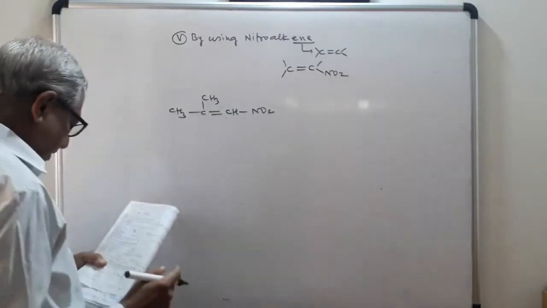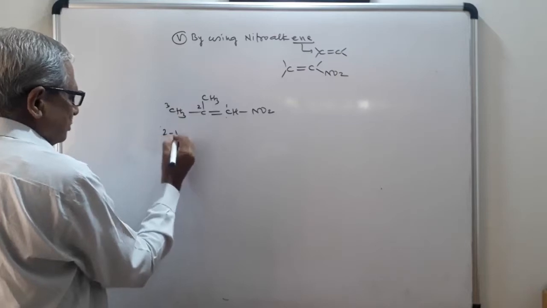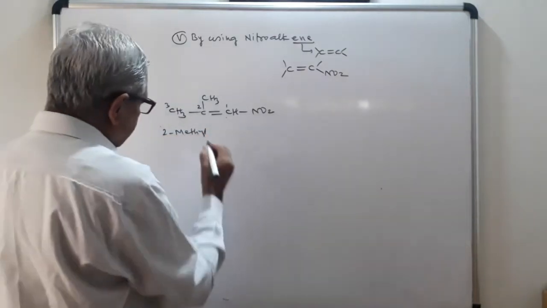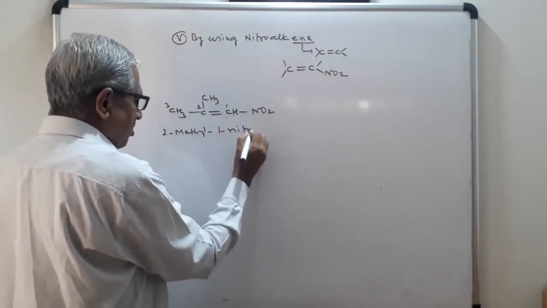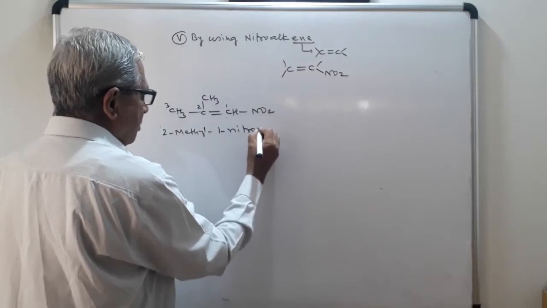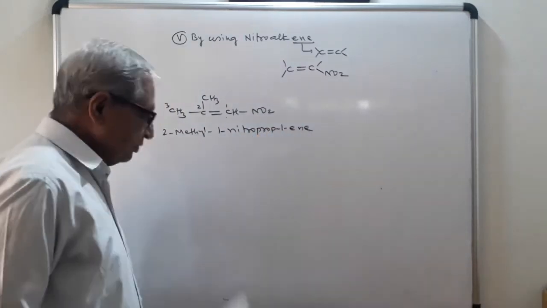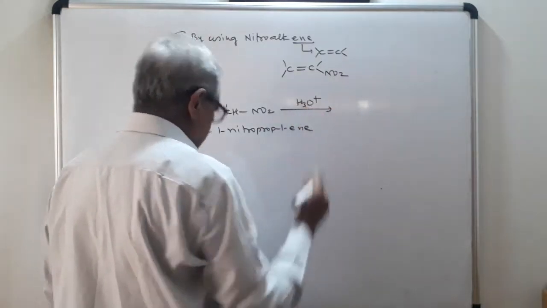You can give the numbering like this: 1, 2, 3. This is 2-methyl-1-nitroprop-1-ene. So this will undergo acid hydrolysis, H3O plus.